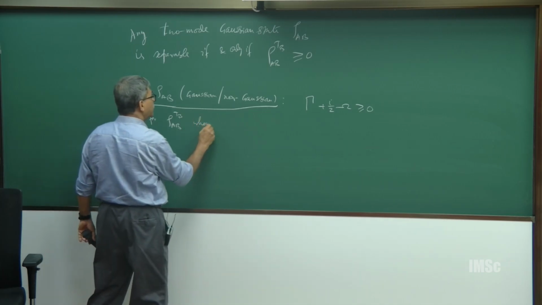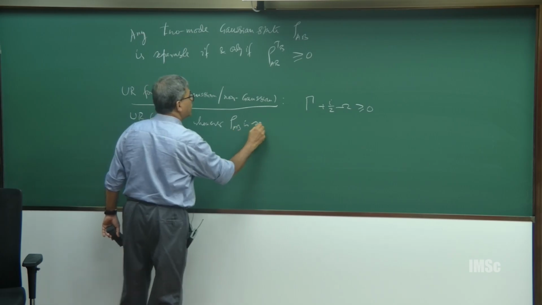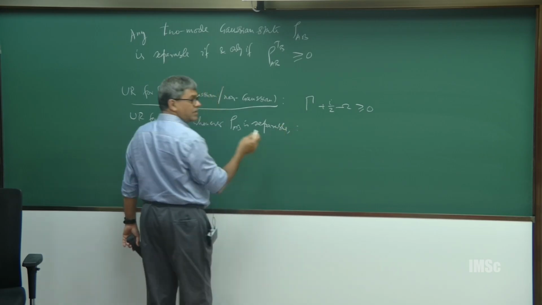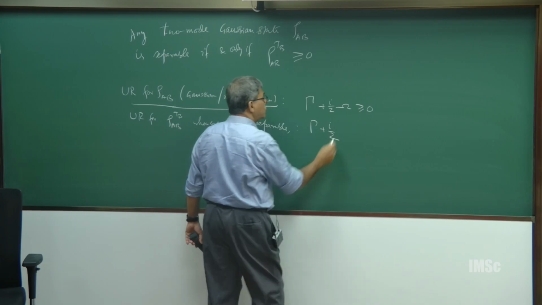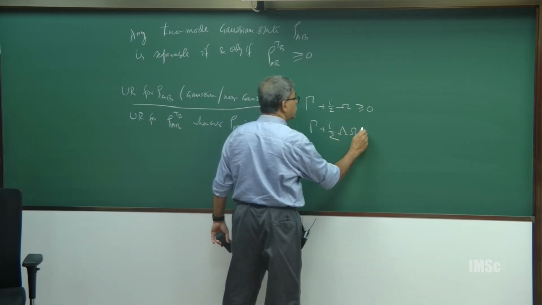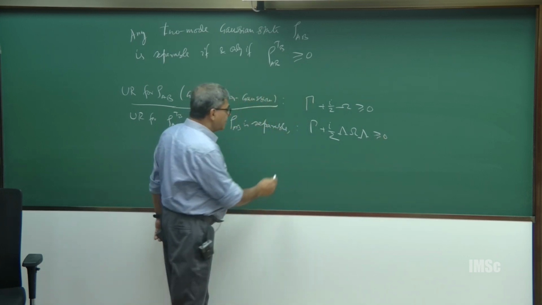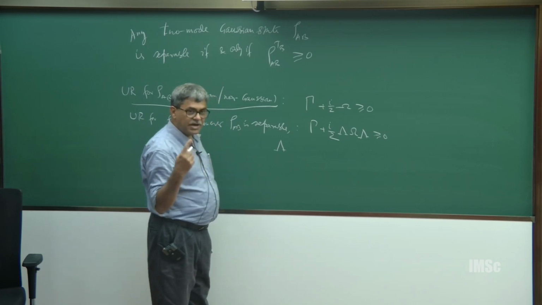whenever rho AB is separable. So, this is gamma plus iota by 2 lambda omega lambda, where this lambda is the partial reflection, right.